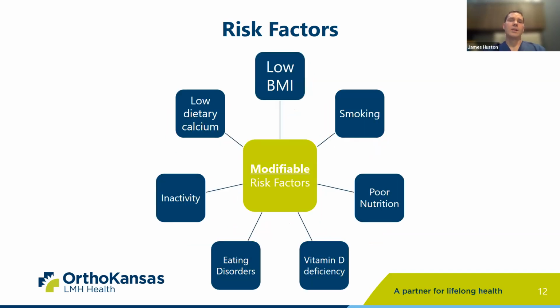So not a whole lot can be changed with those first set of risk factors, but these are some risk factors that are at least easier to modify. So a low BMI, which is a body mass index, so someone who's underweight.